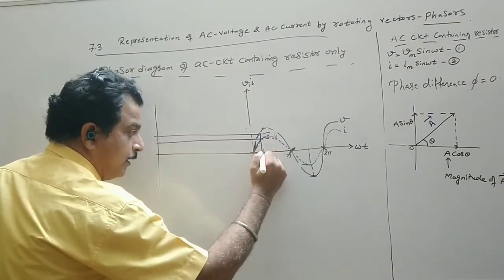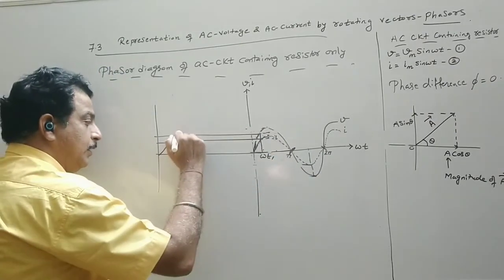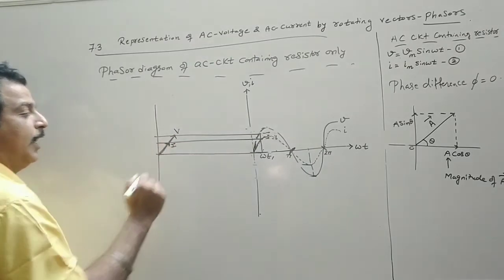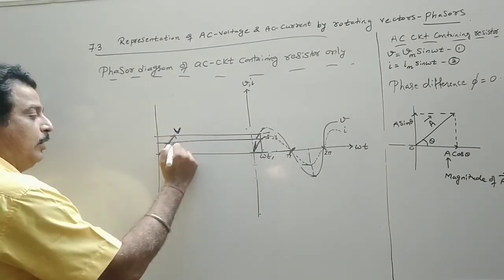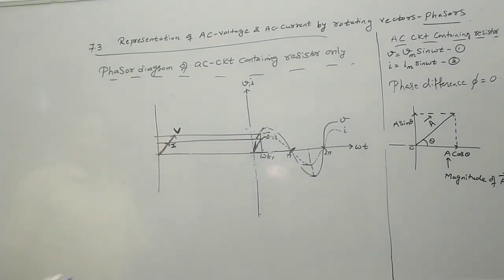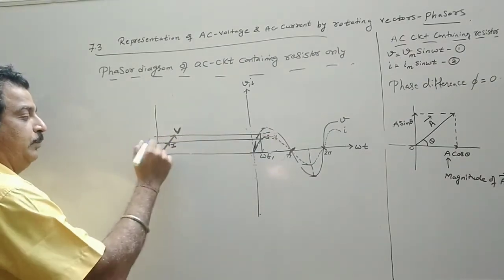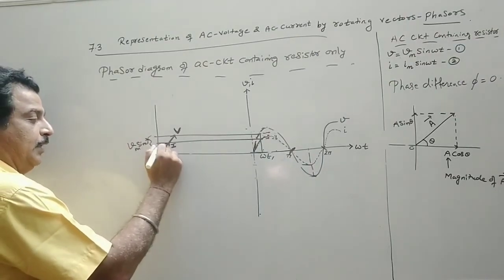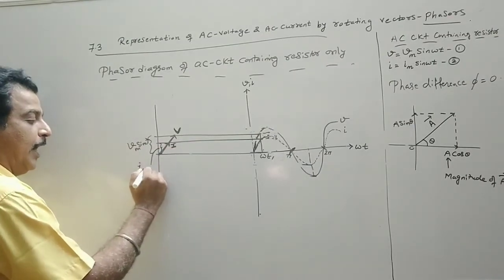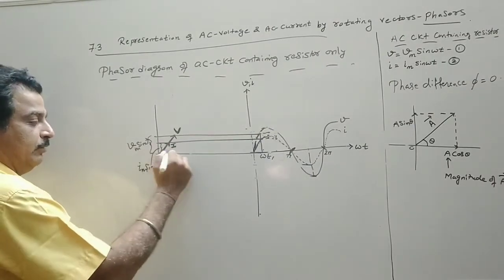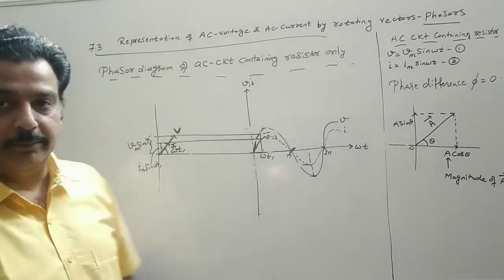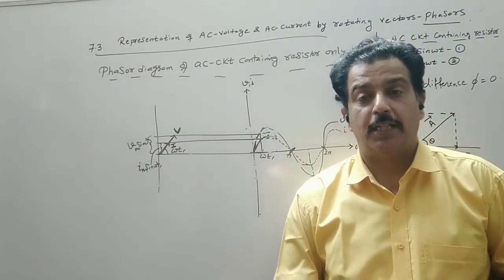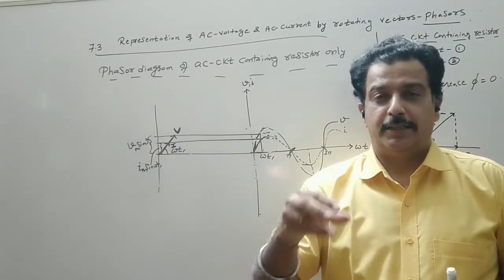This instant is omega t1. So this is capital V and this is capital I, a bold capital V and I. And you have to remember this amplitude is Vm. So this portion is Vm sine omega t, and this portion is Im sine omega t1, whatever is the angle at that time.